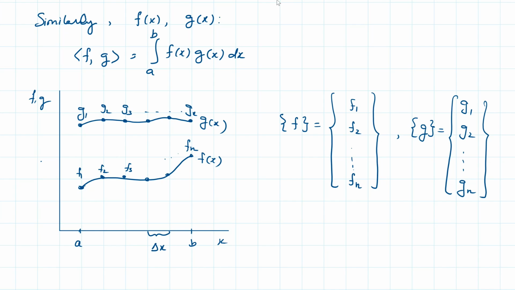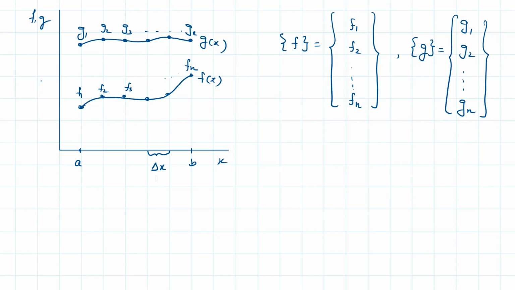Following the terminology from vector multiplication, we can define the inner product of the two functions as the summation, where i varies from 1 to n, of fi gi. Let's be more specific about that.